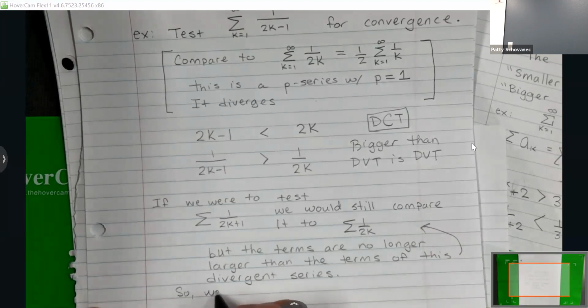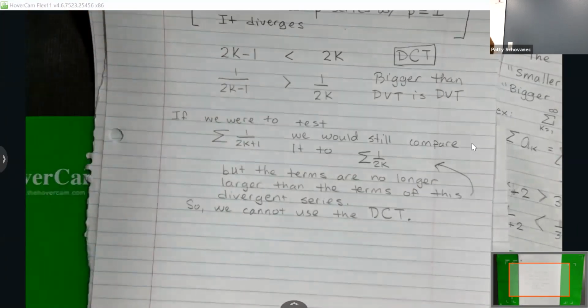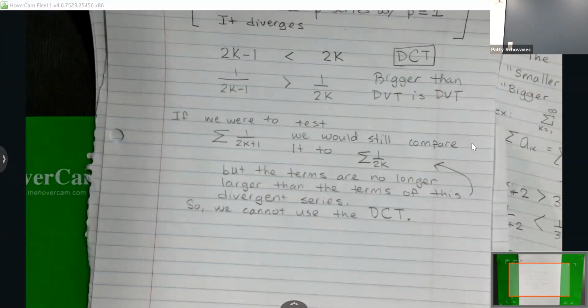So we cannot use the direct comparison test. Here to save the day is the limit comparison test.